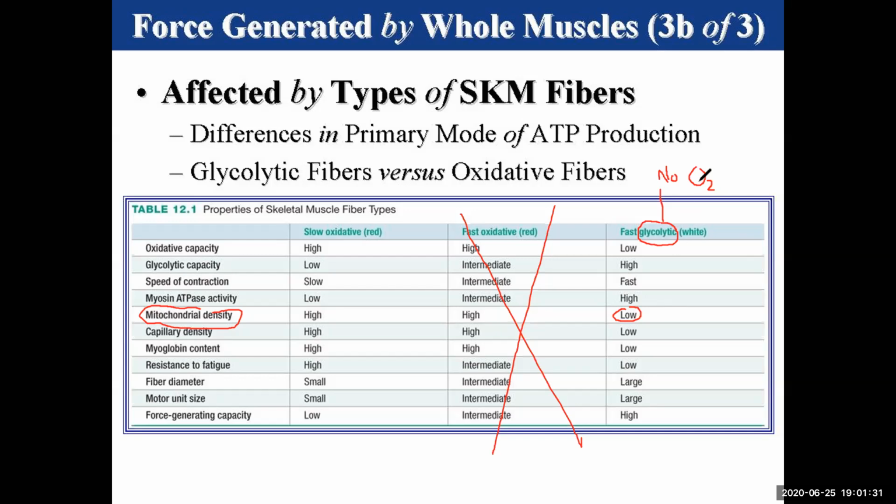If you don't need oxygen, you don't need blood vessels perfusing your muscle. So capillary density, low. If you don't have oxygen, then you don't really need proteins that store oxygen for you. Myoglobin content, that's a protein that stores oxygen in muscle, low.